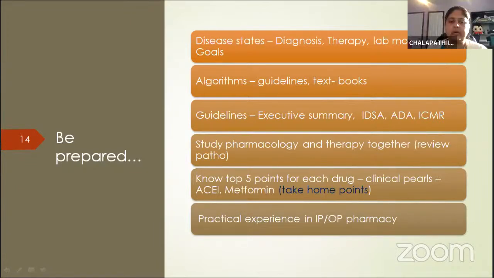So each one of you got a point, right? So what about angioedema? What about bilateral renal stenosis? Effect of potassium you have mentioned. What about the effect on the creatinine?